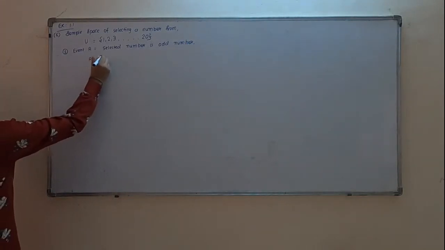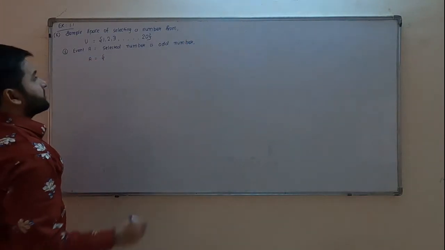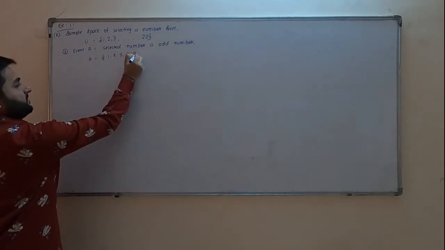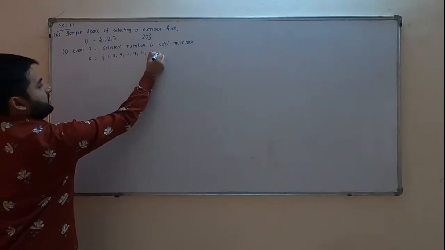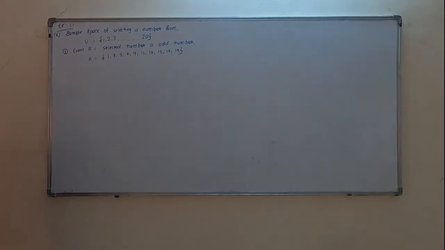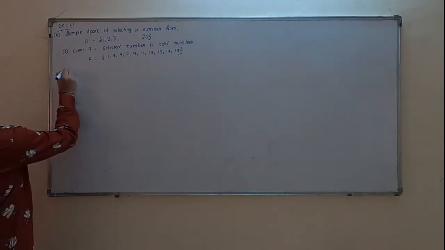Okay, so the elements of set A will be 1, 3, 5, 7, 9, 11, 13, 15, 17, 19. All these are the odd numbers.